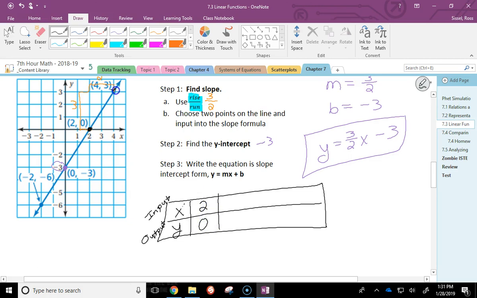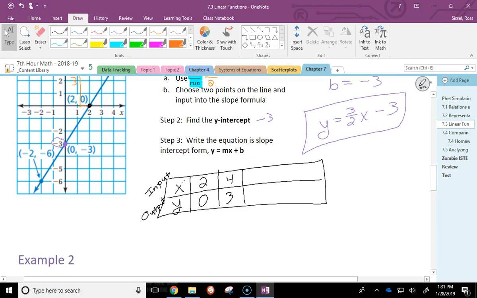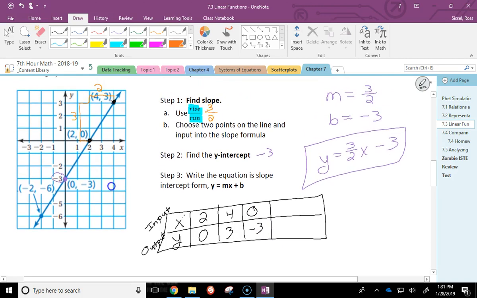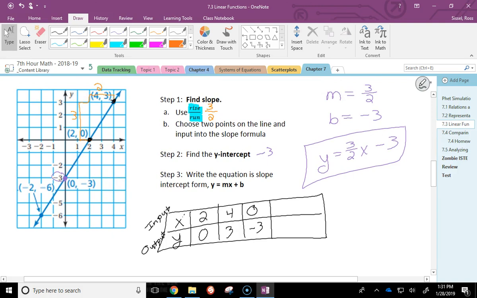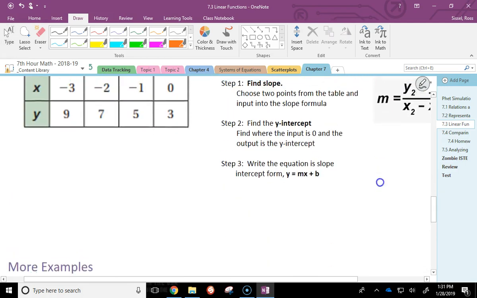Input 4, output 3. Input 0, output is -3. All I have to do is look at the line and put any of its coordinates down. That is the purpose of this.